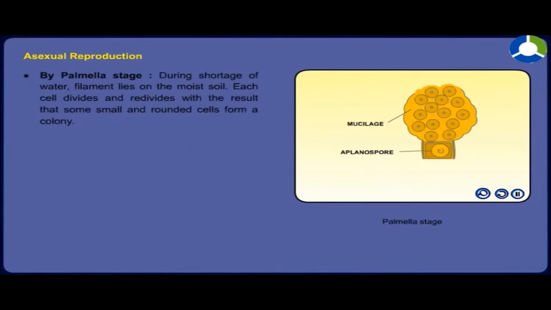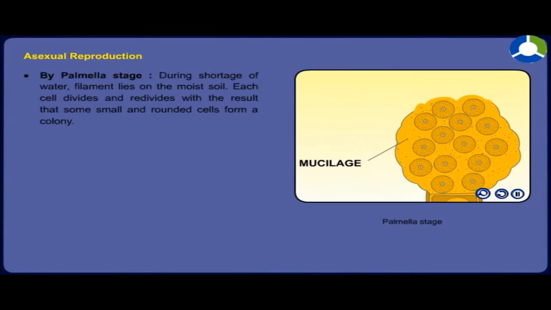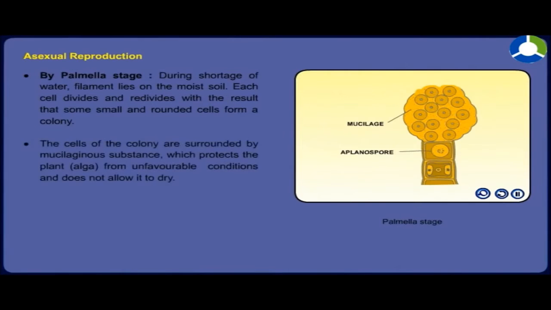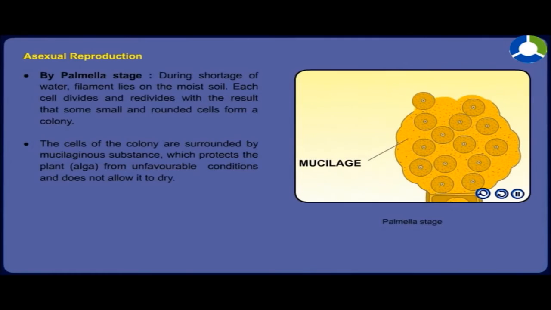By palmella stage: during shortage of water, the filament lies on the moist soil. Each cell divides and redivides, with the result that some small and rounded cells form a colony. The cells of the colony are surrounded by mucilaginous substance, which protects the alga from unfavorable conditions and does not allow it to dry.